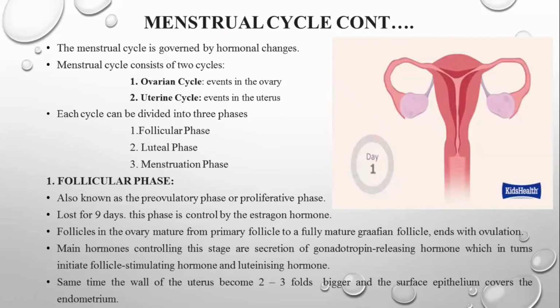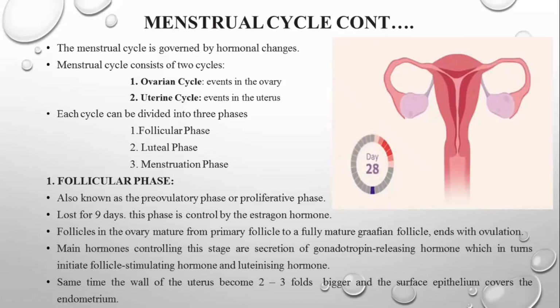The main hormone controlling this stage is the gonadotropin releasing hormone, which is secreted in your hypothalamus. This hormone acts on the anterior lobe of your pituitary gland, which in turn is stimulated to secrete FSH, follicle stimulating hormone, and LH, luteinizing hormone.